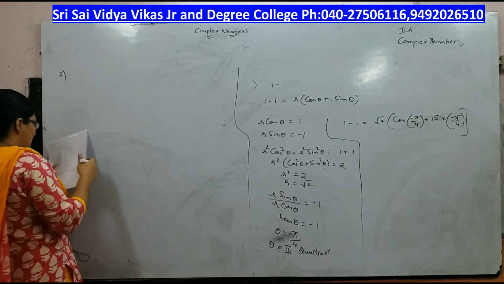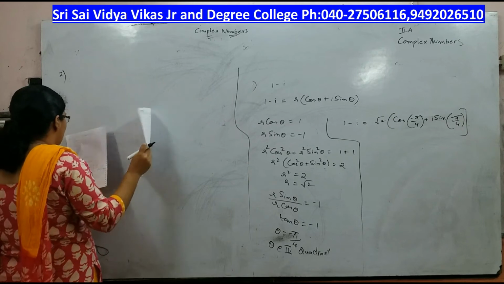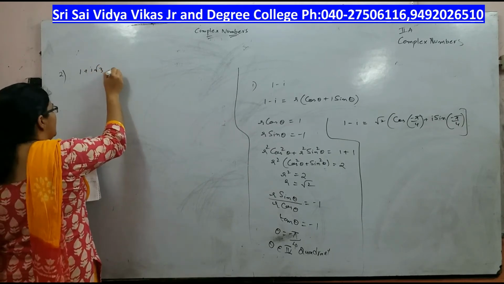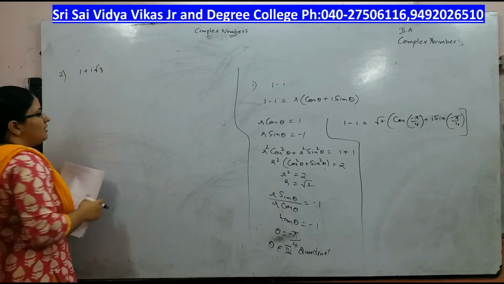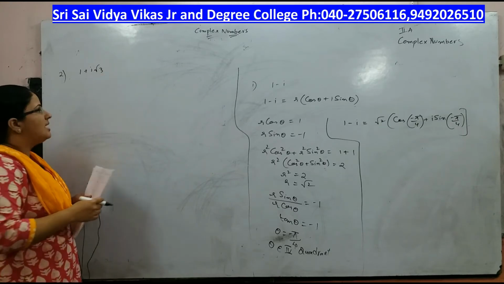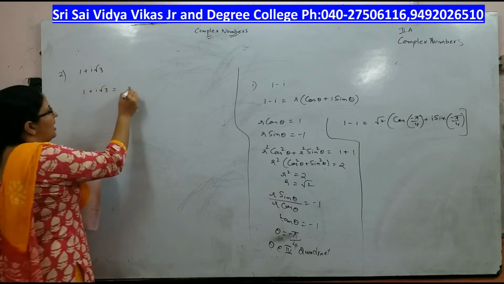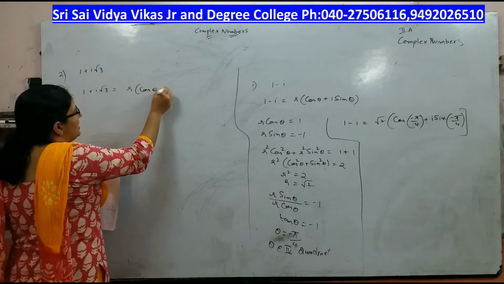Second one, 1 plus i root 3. You have to express this in the polar form or modulus amplitude form. The first step is 1 plus i root 3 is equal to r into cos theta plus i sin theta.